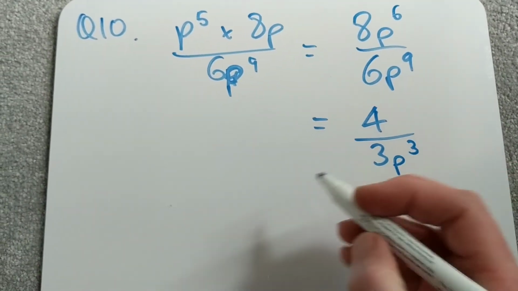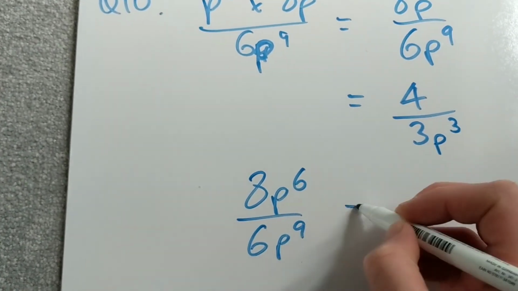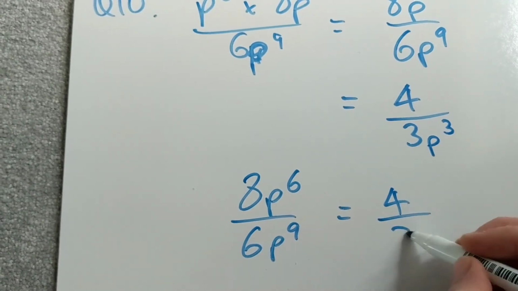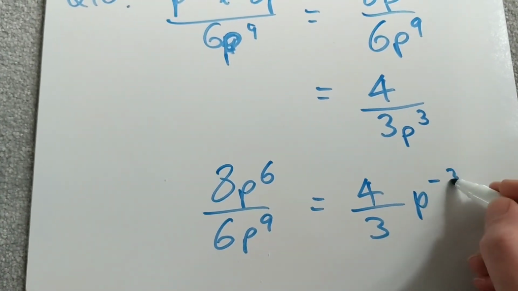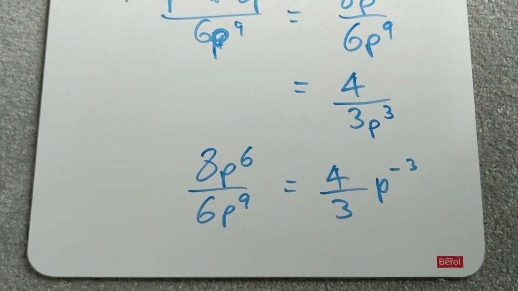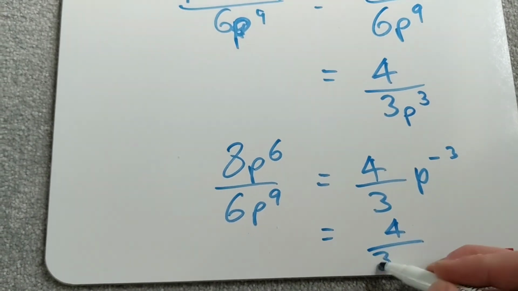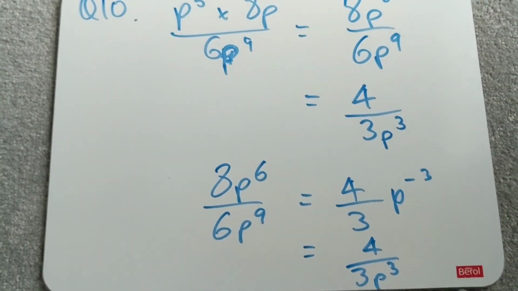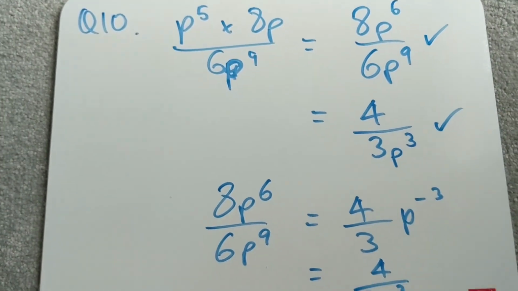Other way of doing that one is if you've got 8p to the power of 6 over 6p to the power of 9, you've got 4 over 3 with your fraction, and you've got the power of p to the minus 3. Okay, and then your negative power would go in the bottom line, so you get 4 over 3p to the power of 3. Either way, you're getting 2 marks here, 1 for your first step, 1 for your answer.